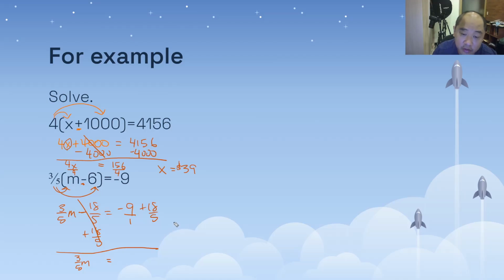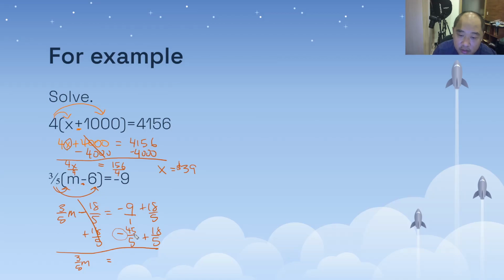This is 9 over 1 right now. So we'll make this negative times 5 is 45, right? Negative 45 plus 18, because these symbols are opposite. It's basically like subtracting the two numbers and taking the sign of the larger absolute value number.